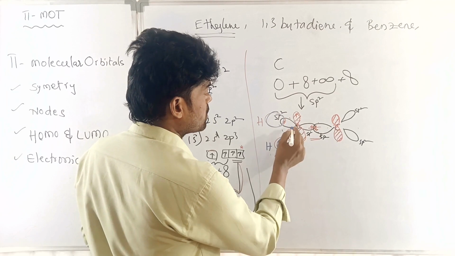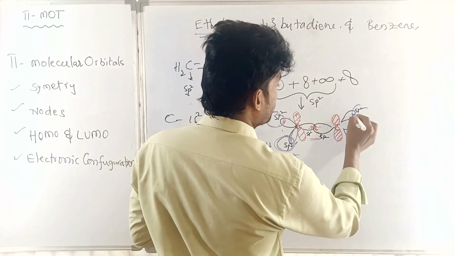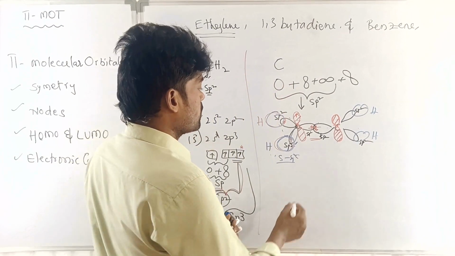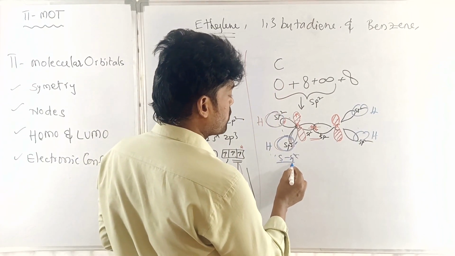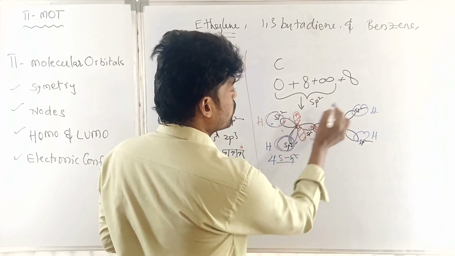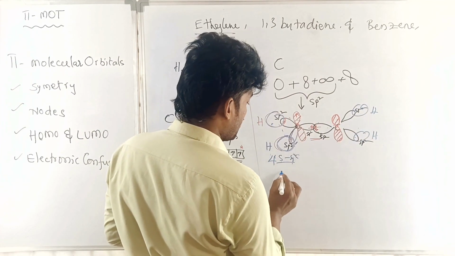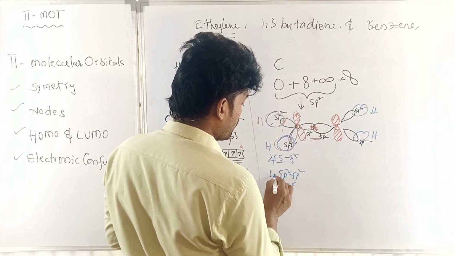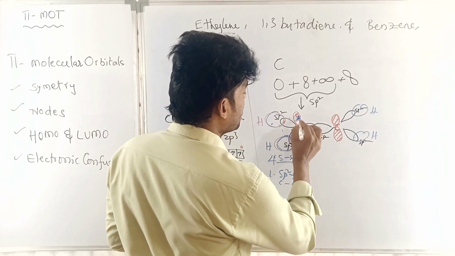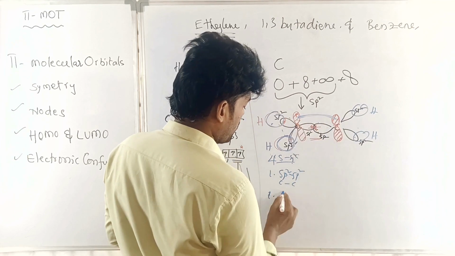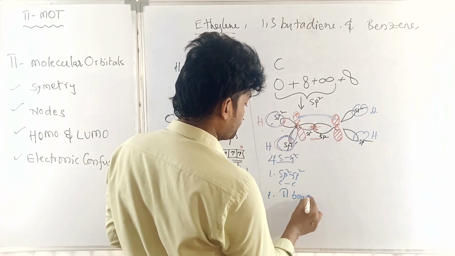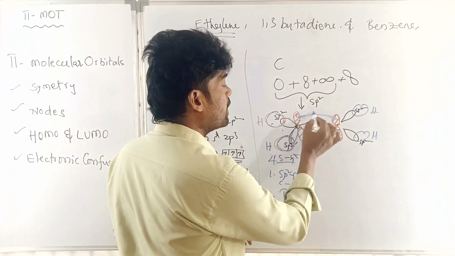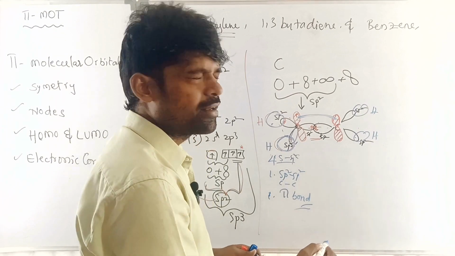So four such bonds will be present here. Hydrogen. So 4 s-sp2 bonds are there. 4 numbers, 1, 2, 3, 4. One sp2 bond is there between the carbon atoms. So another bond is there, that is the pi bond. We are going to focus on this pi bond only. Okay, fine.